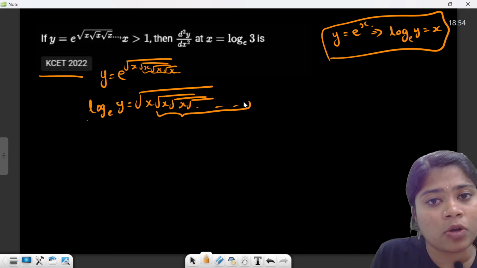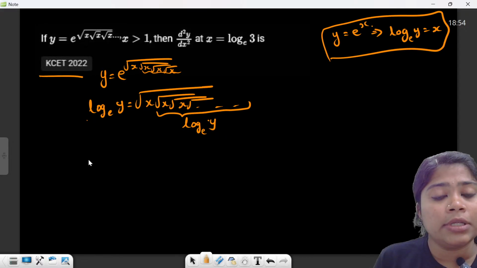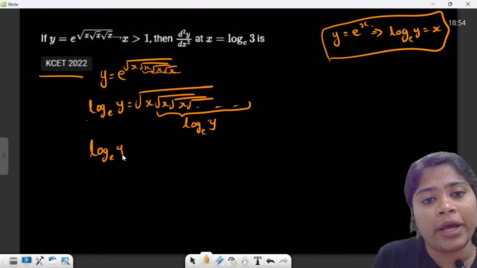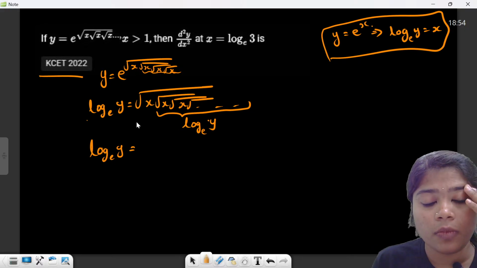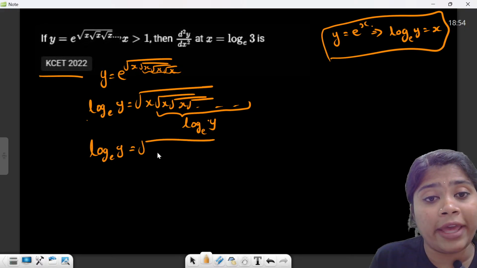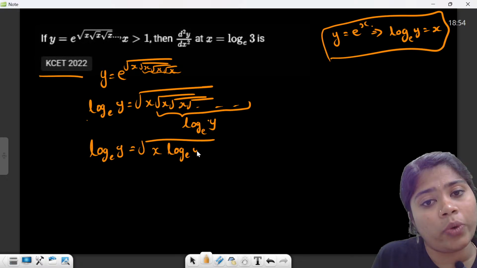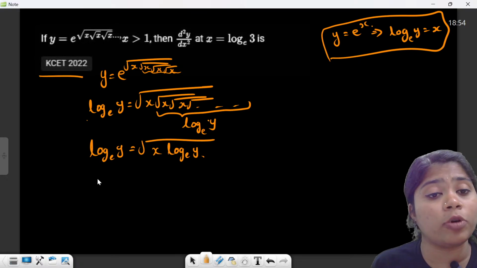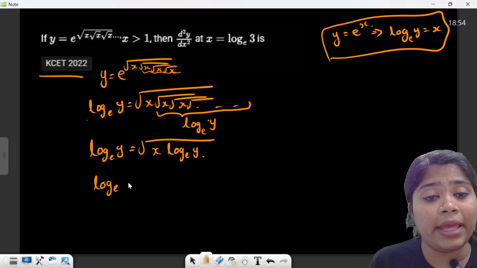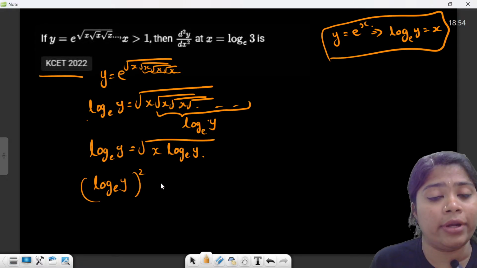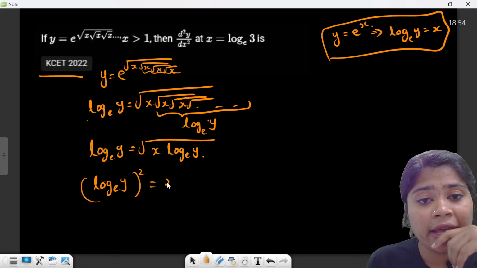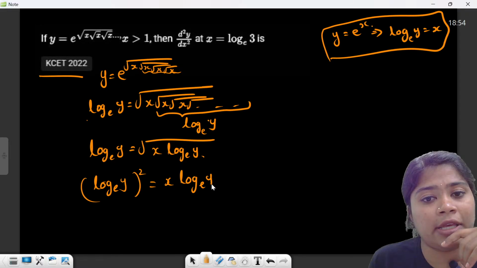So anyway, we know log y is equal to this one. Again, this is also log y, right? So log y is equal to root of x into log y. Square on both sides: log base e y, the whole square, is equal to x log base e y.